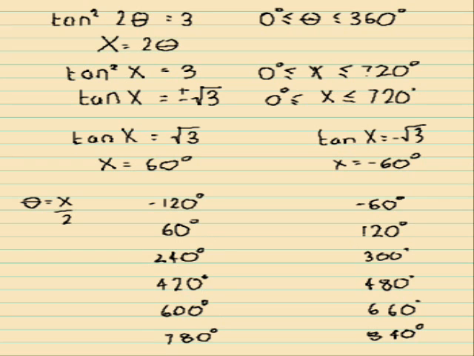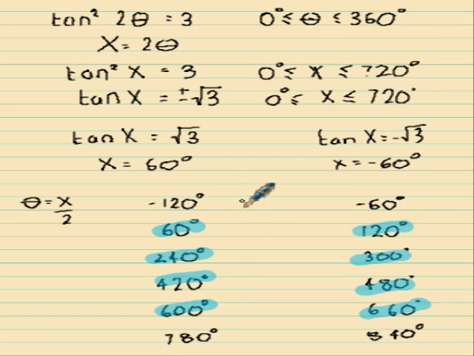Now I'm just going to look firstly at which of these fall within our interval that we require, so between 0 and 720, which is this solution, this solution, this solution, this solution. So it's only these that I'm going to bother looking at.